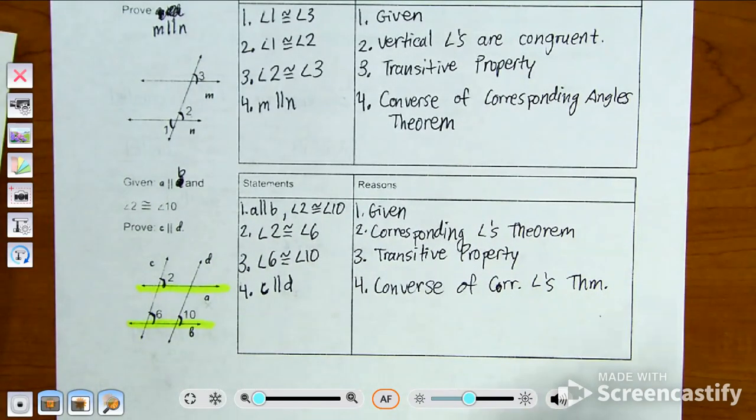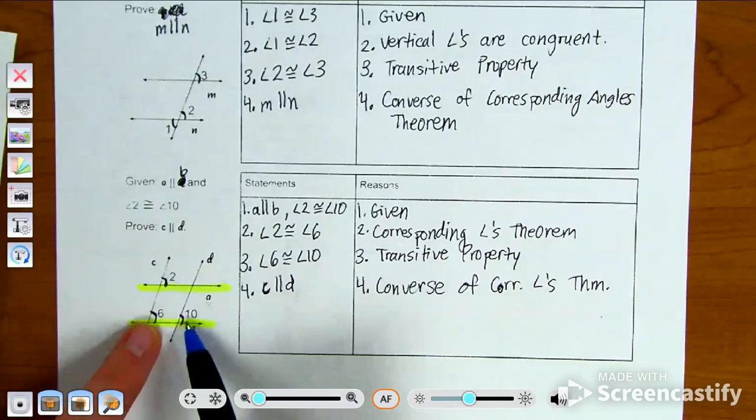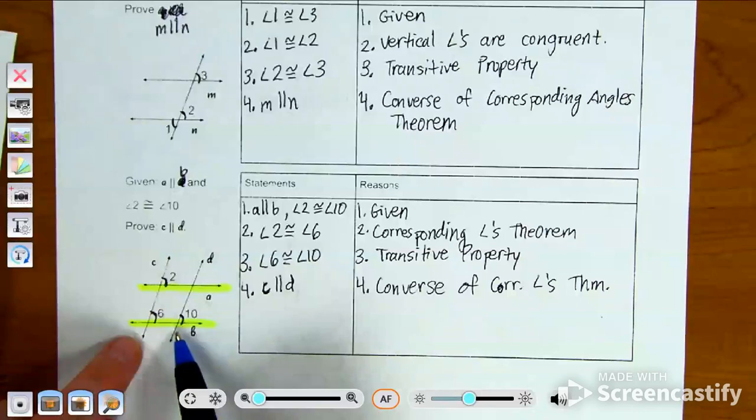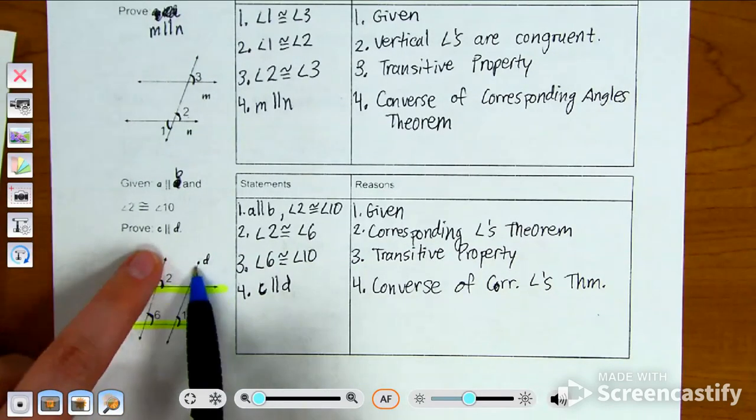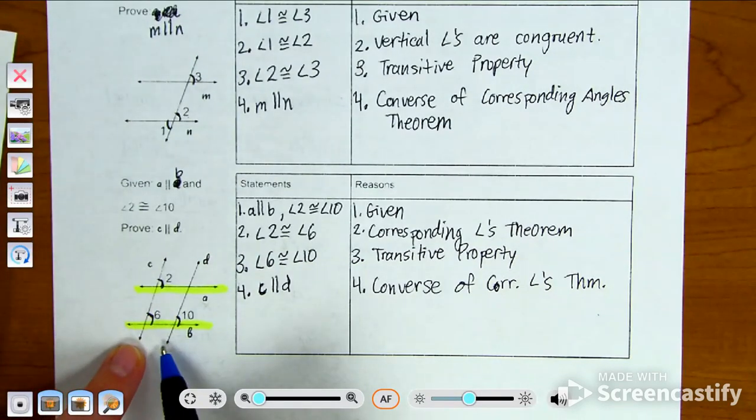So we were able to show that since 6 and 10 are corresponding angles formed by lines C and D when it's intersected by line B, that means that lines C and D have to be parallel to each other.